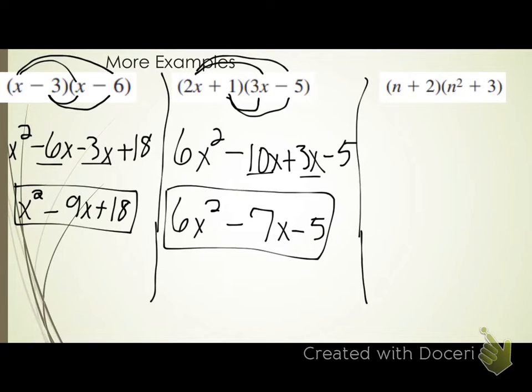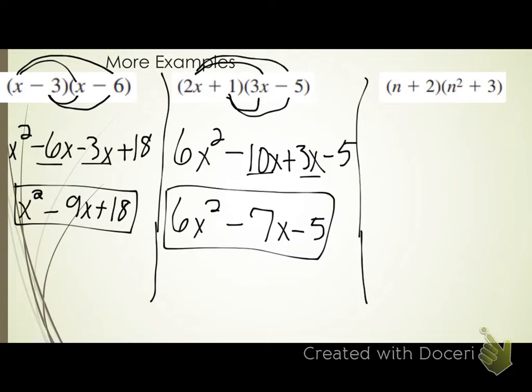There is my final. We okay with that? What are we confused about? See some people erasing, see some people being confused. Do we just not know how to add negative 10x and 3x? Questions on that one?